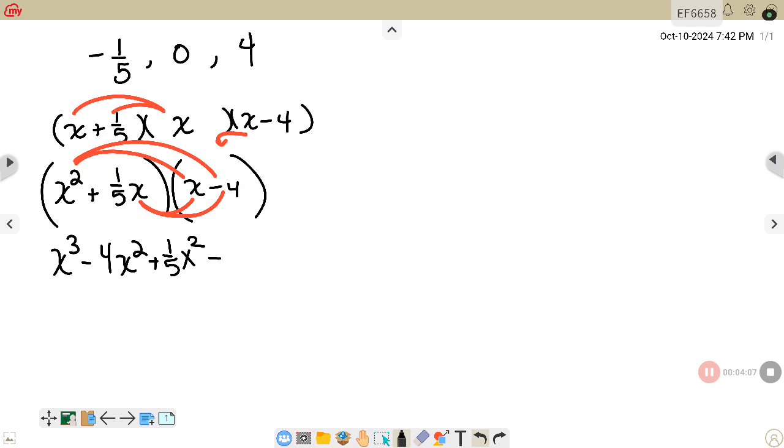When you are multiplying these fractions, you just go straight across on the top and the bottom. So in the numerator, I'll have 4. The denominator, I have 5. So here, this last one that I just did over to the side, I've got 1/5 x times negative 4, which gave me negative 4/5 x.